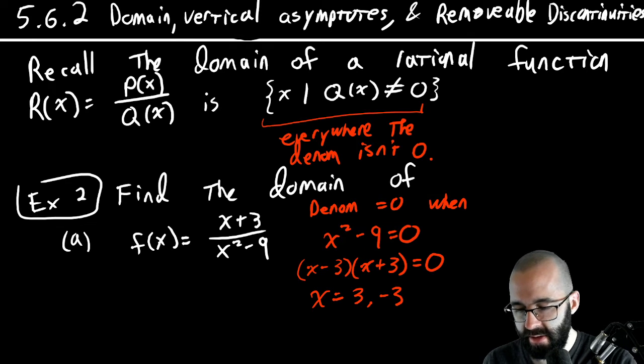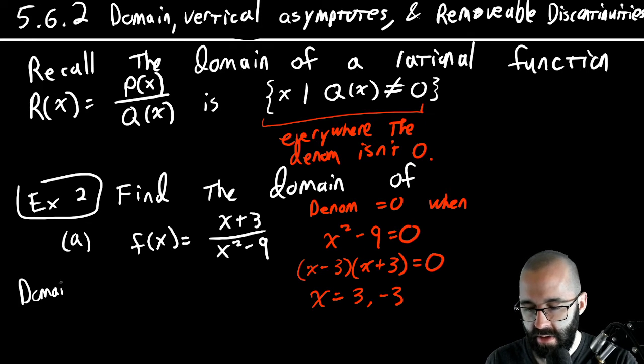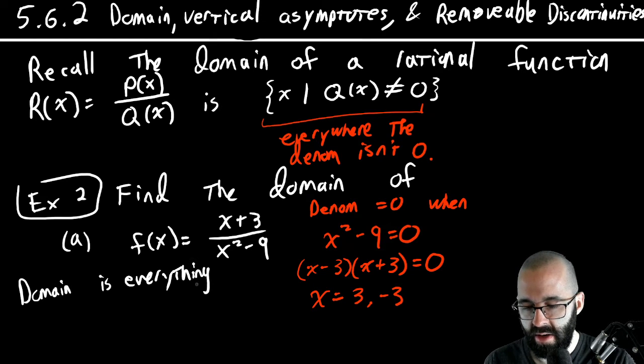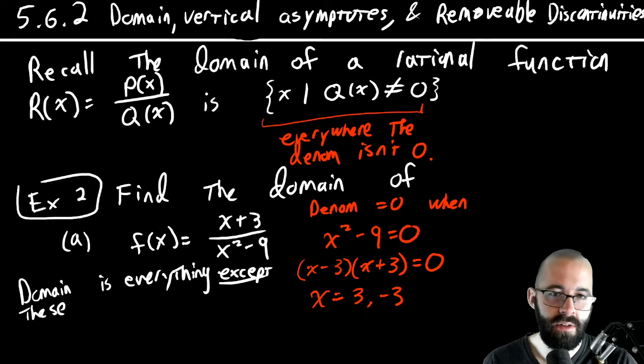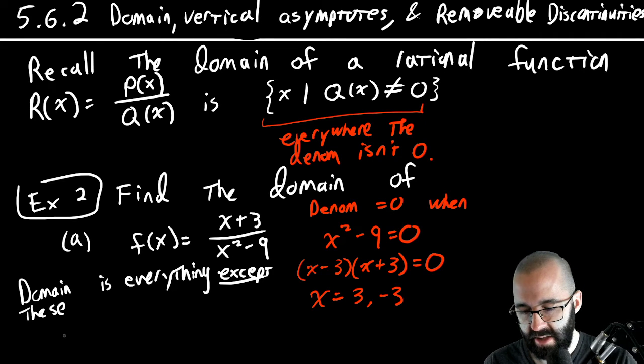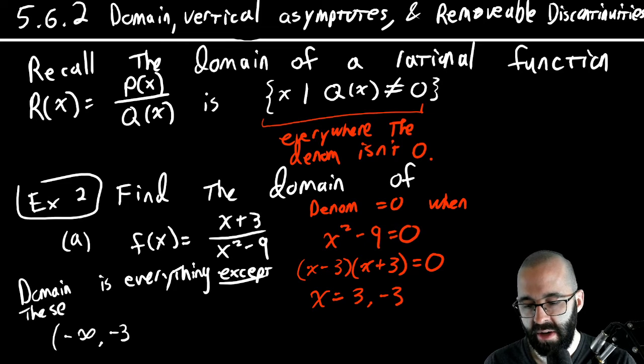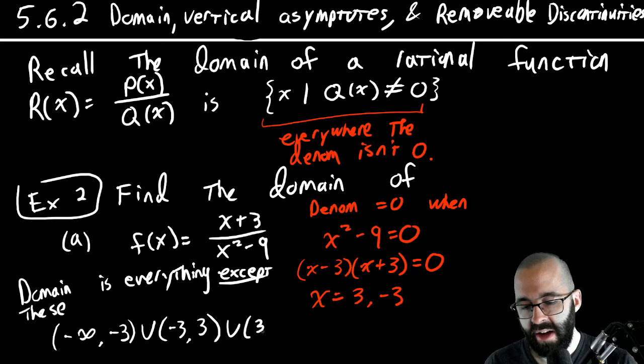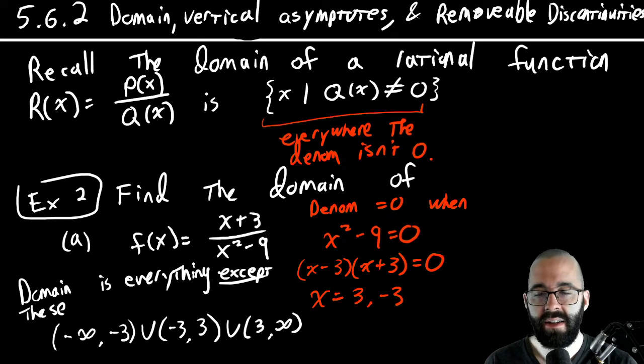So our domain is everything, all real numbers, except these. You can write this in interval or set builder notation. In interval notation, it's all the numbers from negative infinity up to negative 3, and that's a union sign, all the numbers from negative 3 to positive 3, and all the numbers from positive 3 to positive infinity.